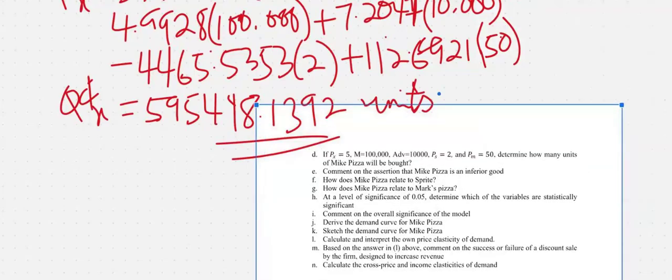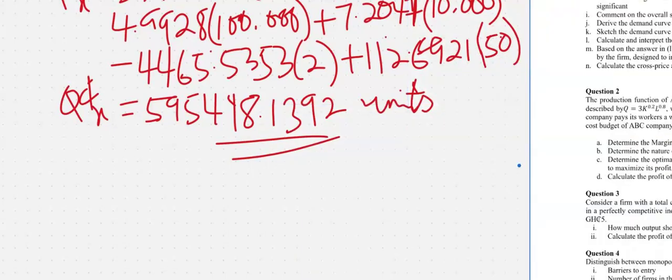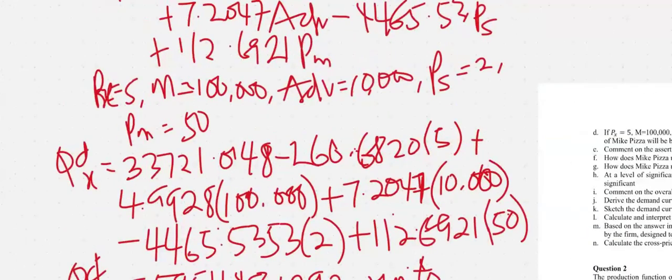Comment on the assertion that Mike's Pizza is an inferior good. Okay, so we continue with E. So the first concept is that we come to, what is the first equation? Okay, the QDX.